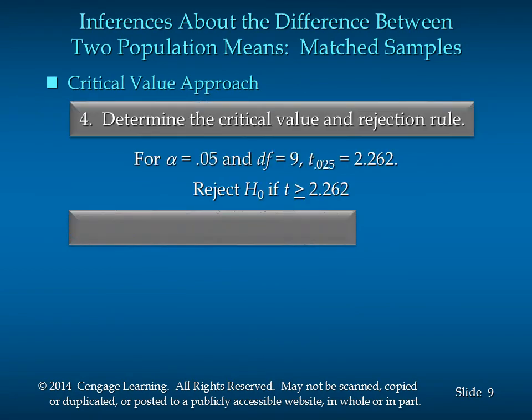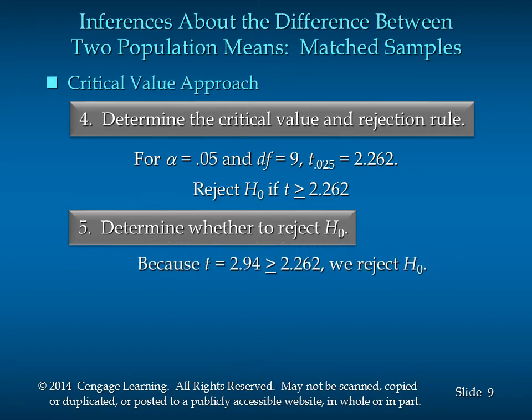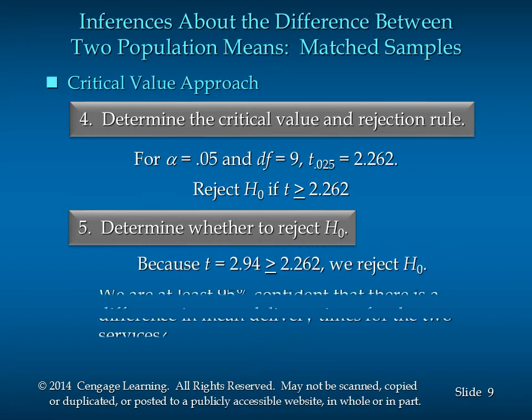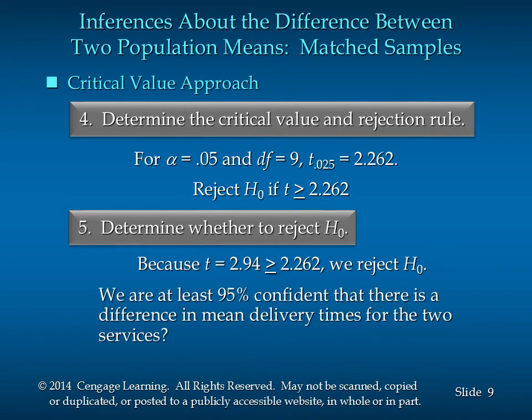Here's the critical value approach. You create your critical values on your distribution curve, and it comes out at 2.262. Remember, because you're doing it at 0.05, you've got to divide by 2 on either side, t .025, and those are your critical values.